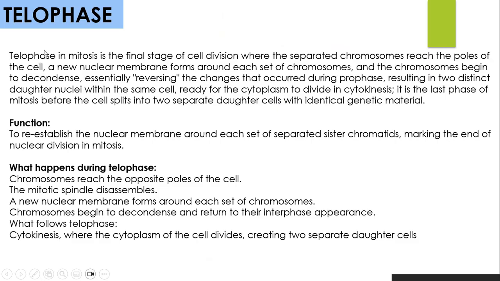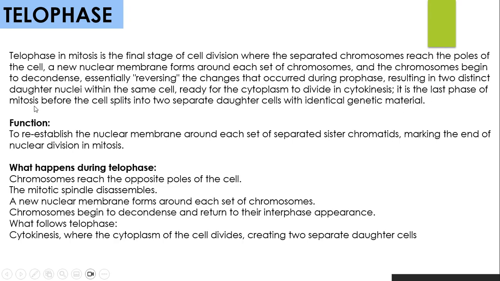Telophase in mitosis is the final stage of cell division where the separated chromosomes reach the poles of the cell. A new nuclear membrane forms around each set of chromosomes and chromosomes begin to decondense, essentially reversing changes that occur during prophase, resulting in two distinct daughter nuclei within the cell, ready for the cytoplasm to divide in cytokinesis.